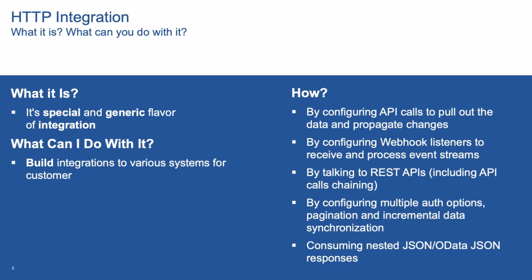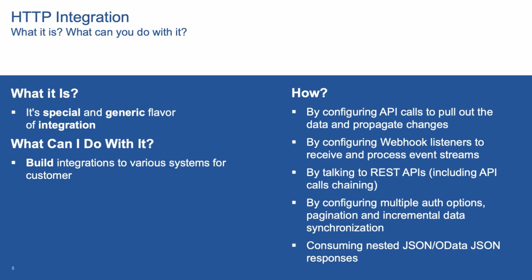Or you can configure the webhook listeners to process events pushed from those systems of record. It speaks REST and even more complicated REST. It supports chained API calls, so you can use the payload from the first API call, or part of this payload, as a parameter for subsequent calls and pull other records from those systems.